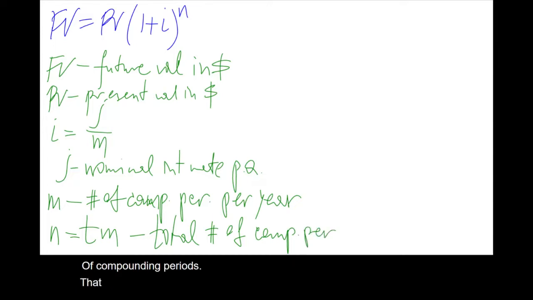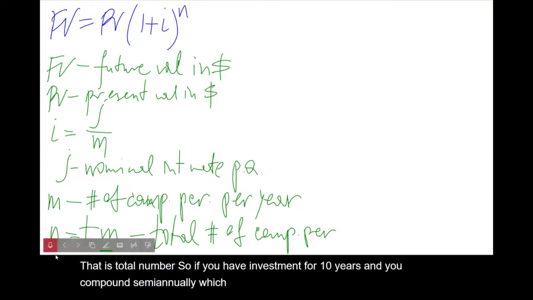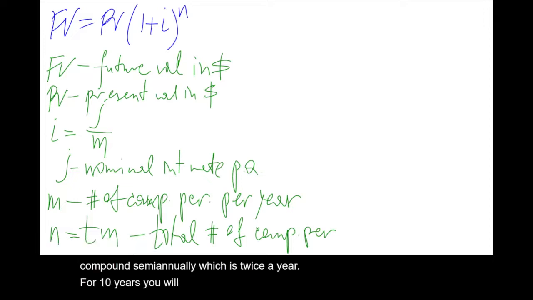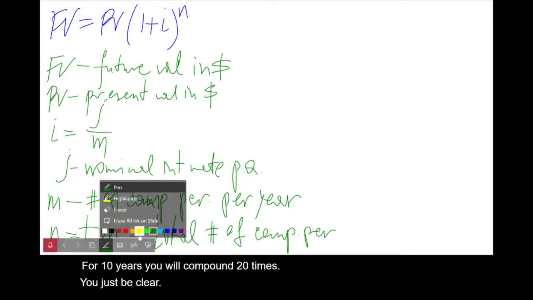So if you have an investment for 10 years and you compound semi-annually, which is twice a year, for 10 years you will compound 20 times. Is that piece clear?